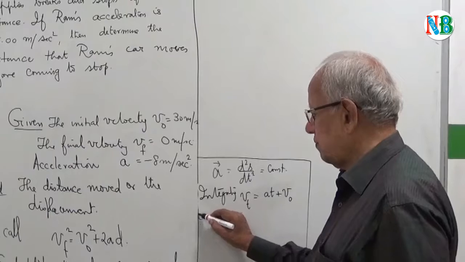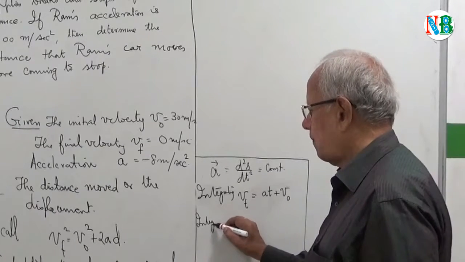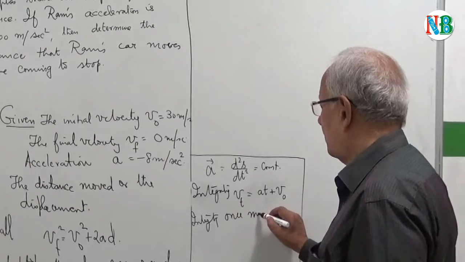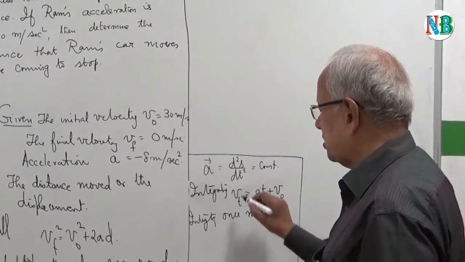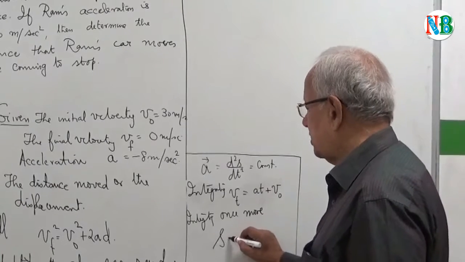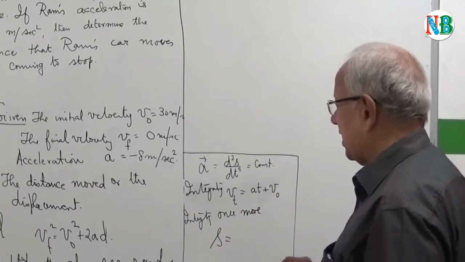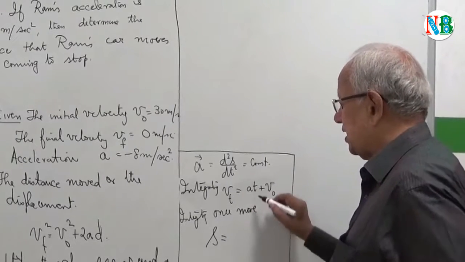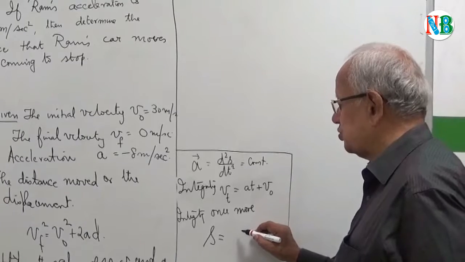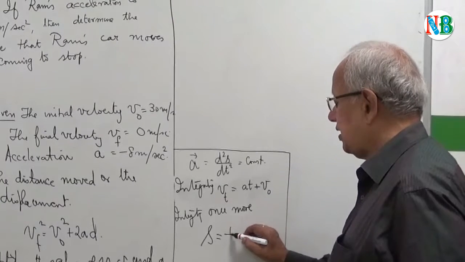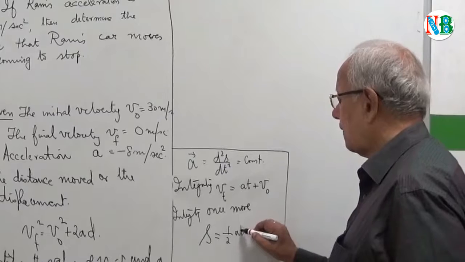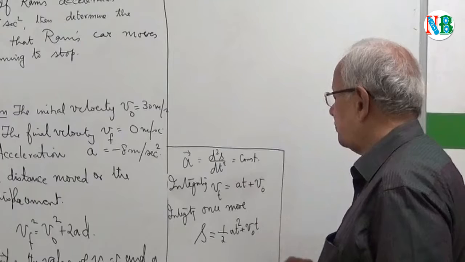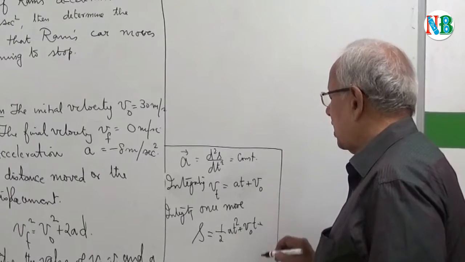Integrating once more, if I integrate the velocity, I'll get the distance traveled. So the displacement is s, and vt on integration gives me s, and t on integration is t square by 2, so half at square, and this is v naught t plus a constant of integration.